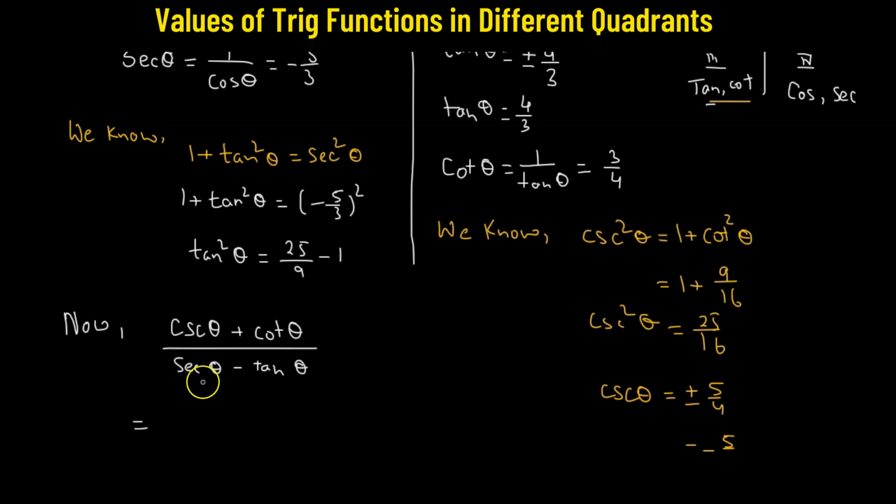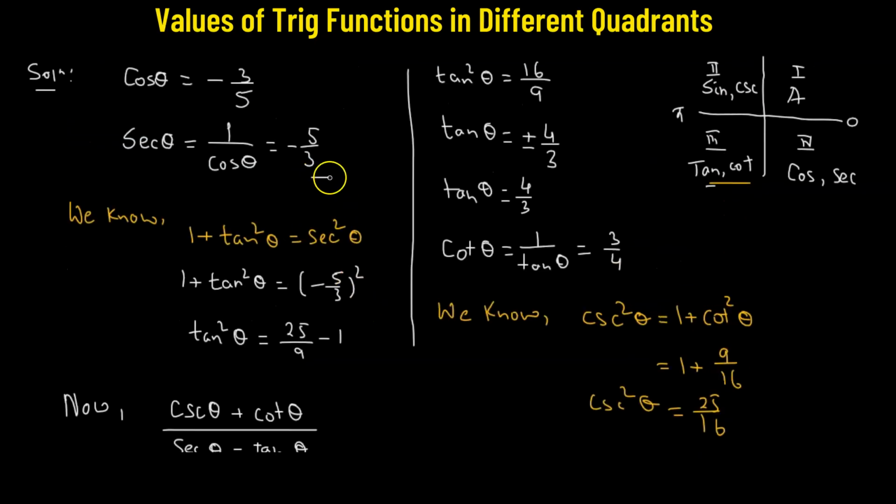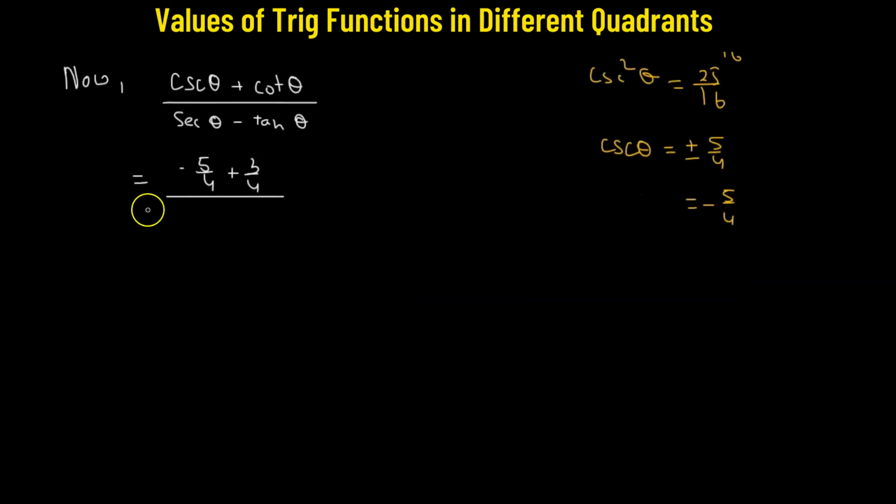Cosecant of theta equals -5/4. Then cotangent of theta is +3/4, all divided by secant of theta. The secant function, we have obtained, is -5/3. We have -5/3 minus tangent of theta. Since cotangent of theta is 3/4, tangent of theta will be 4/3.